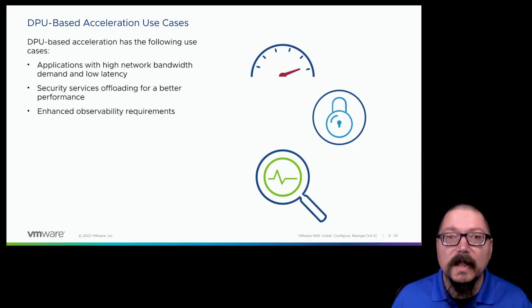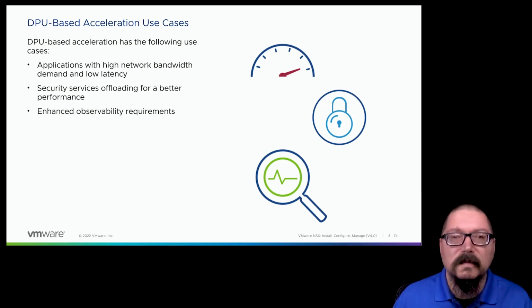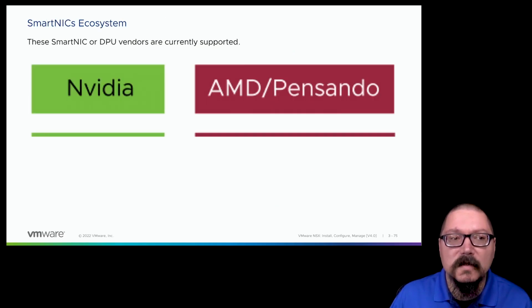Now, why are we going to use these? Well, visualization, right? Observability, security offload, reducing latency while increasing bandwidth. These are all different reasons that I'm going to use data processing units in my infrastructure. Now, currently we support two different brands of SmartNICs, right?